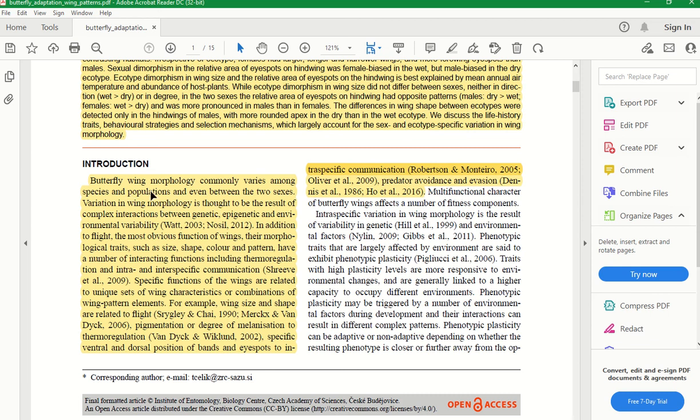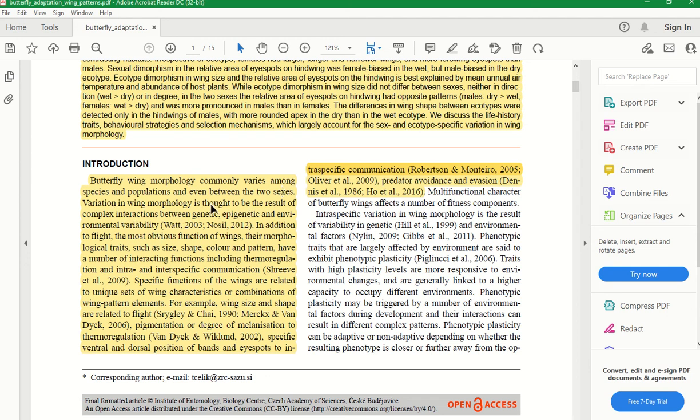And they're also talking about populations. So kind of like an ecotype, you have a population in one area and then a population of the same species in another area, and that wing morphology can vary even though they're the same species. And then they mean here, even between the two sexes, they're probably meaning even if you have that same species in the same area, we're getting some differences between males and females as well, which is sexual dimorphism.